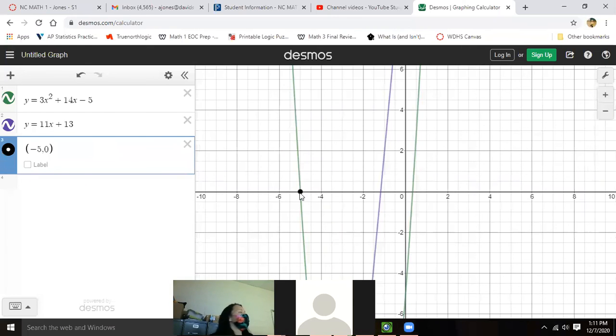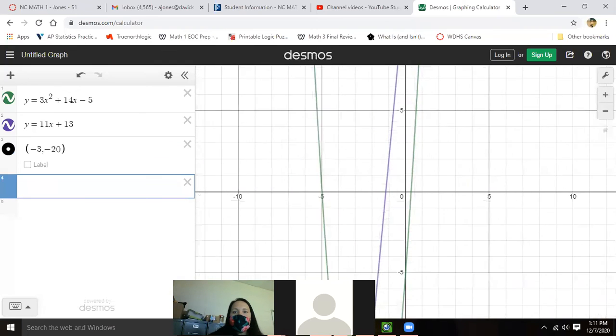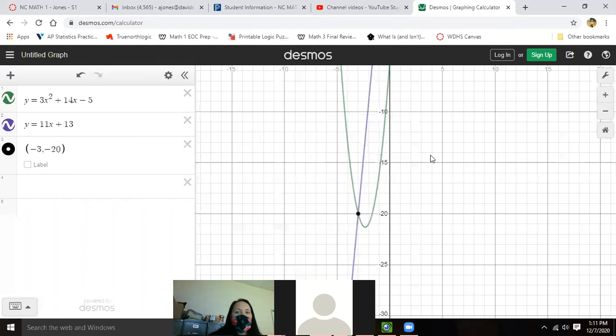You can see that that point is not where both of them cross. You see what I'm saying? Okay, so I can take that -5, 0 out. And I can put in -3, -20. And if I look at my graph, I'll see that I put that dot down there. So that is where they cross.